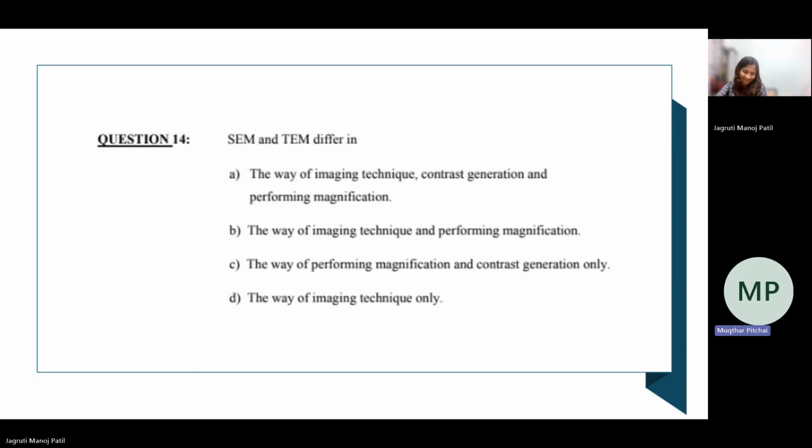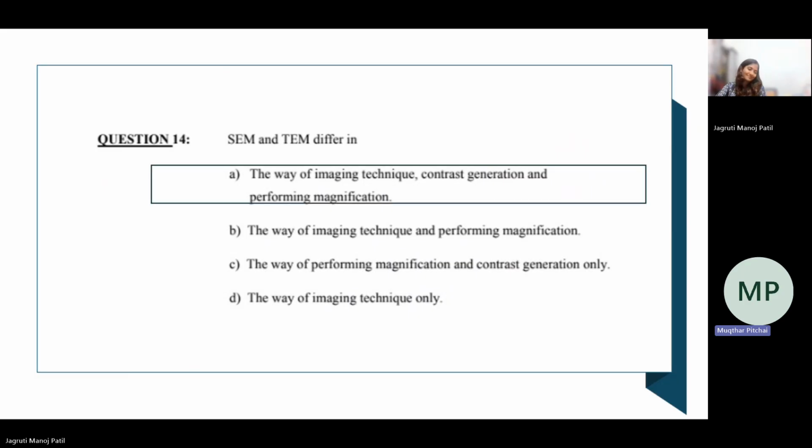The question is imaging technique and contrast generation. Contrast means bright field contrast or dark field contrast. I think all of them altogether.